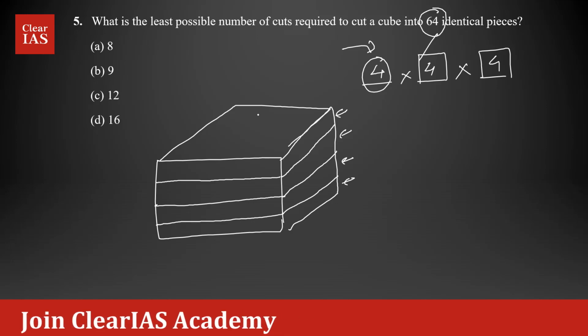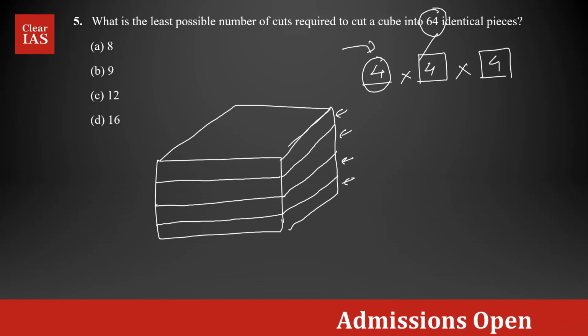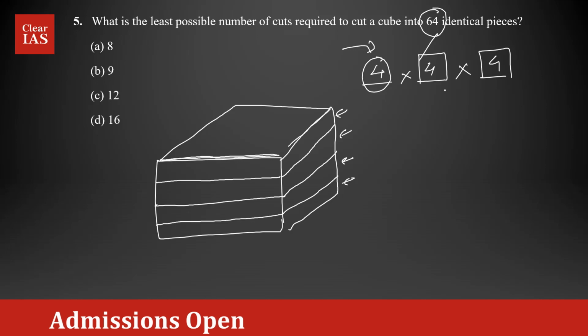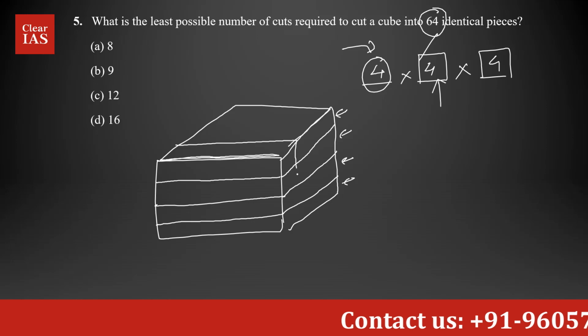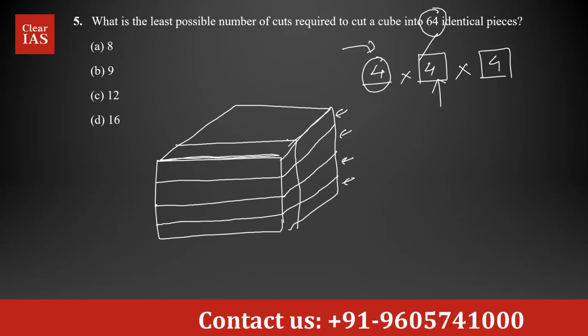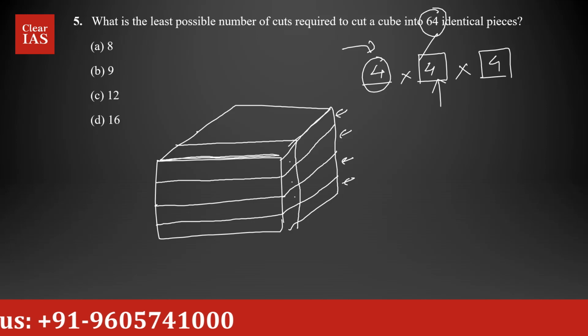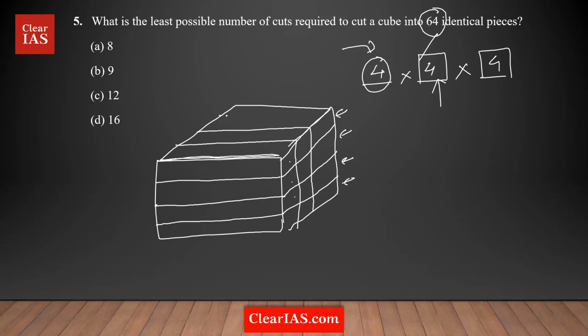Now I'm going to cut along the breadth. I'm cutting along this axis. Again you need 4, so that means 3 cuts are needed. In the first cut, you will have 4 pieces, then the next cut and the other one.